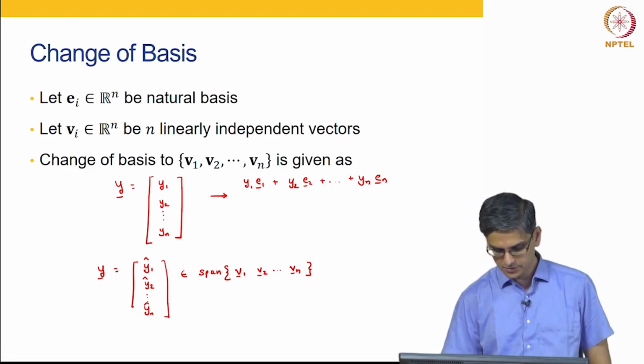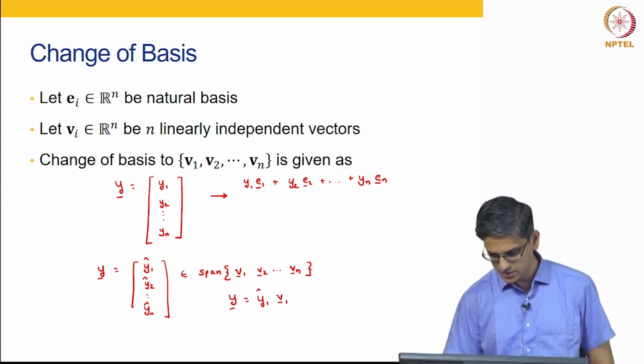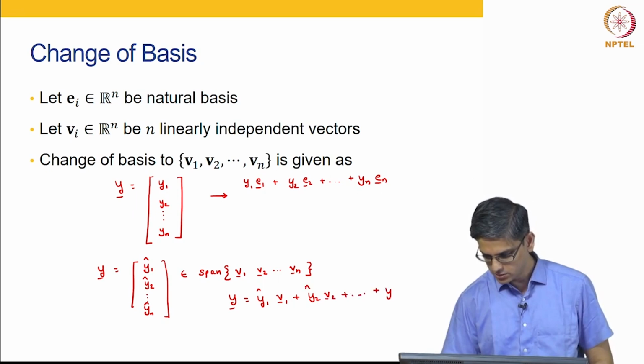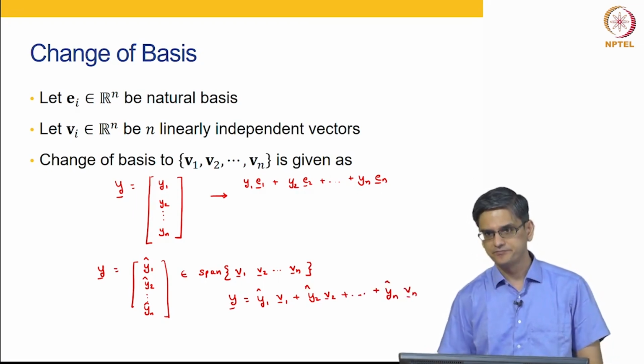What does that mean? That basically means y bar is represented as y1 hat multiplied by v1 bar, y2 hat multiplied by v2 bar, and so on up to yn hat multiplied by vn bar.